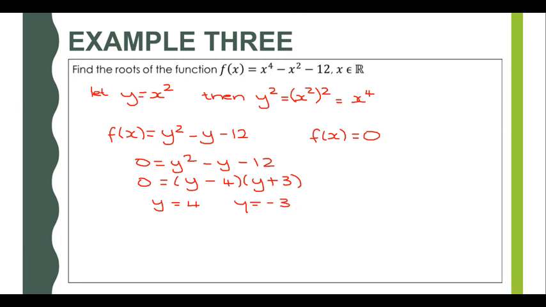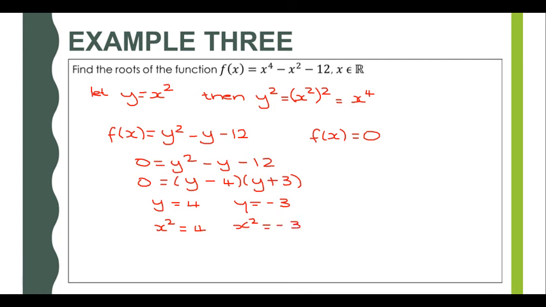However, the question is in terms of x, so we need to find x now. But we know that y is equal to x squared, which means that x squared is equal to 4 or x squared is equal to minus 3.